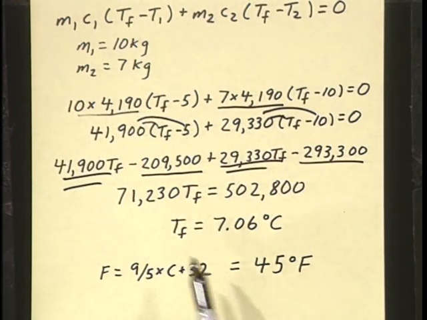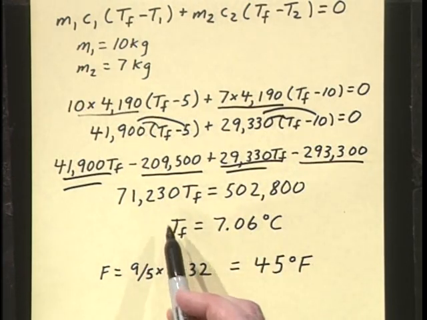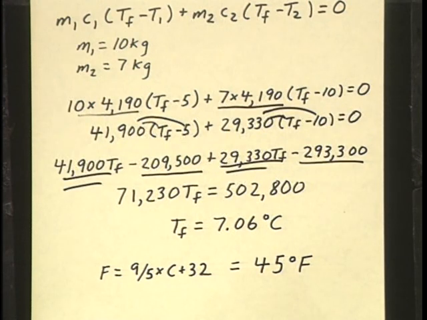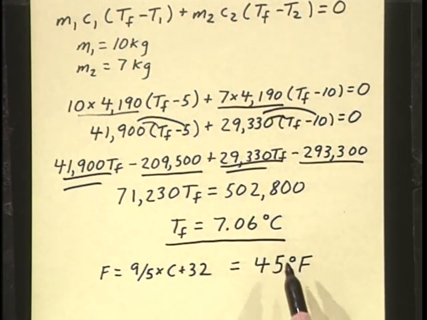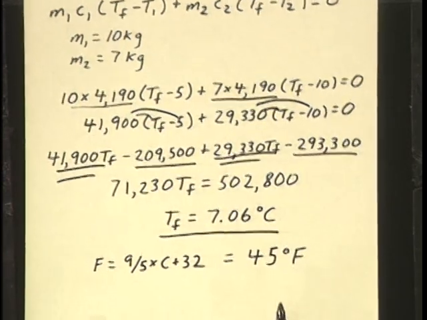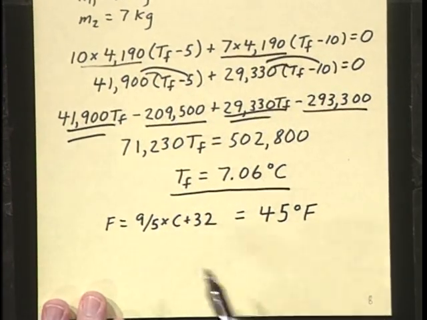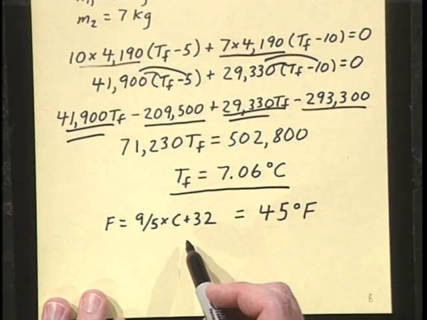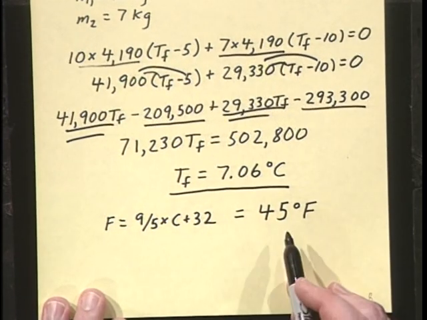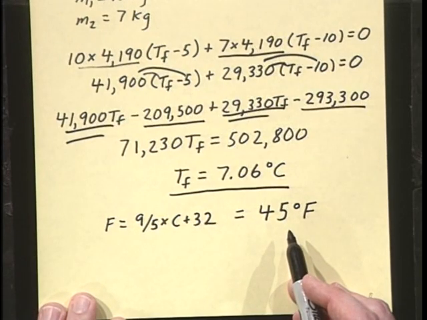71,230. And we divide each side by 71,230 to get our final temperature, which is a little over 7 degrees Celsius. And if we convert that back over into Fahrenheit by using the 9/5 C plus 32, we'll get a temperature of about 45 degrees Fahrenheit.